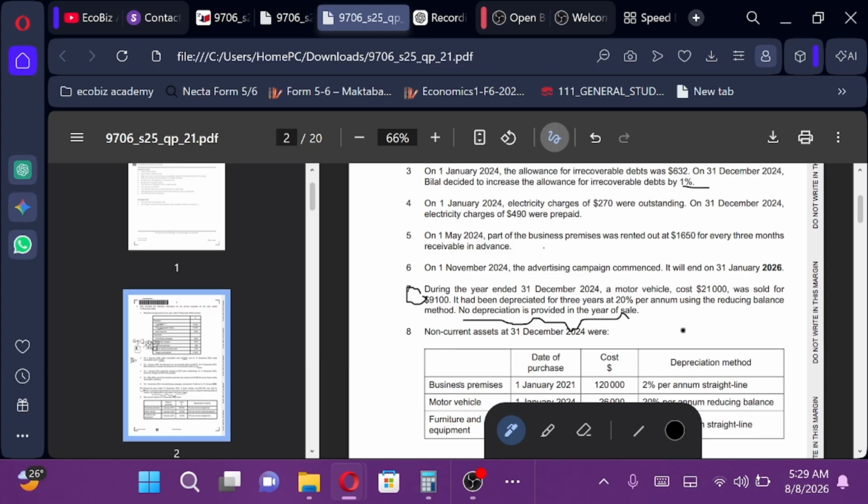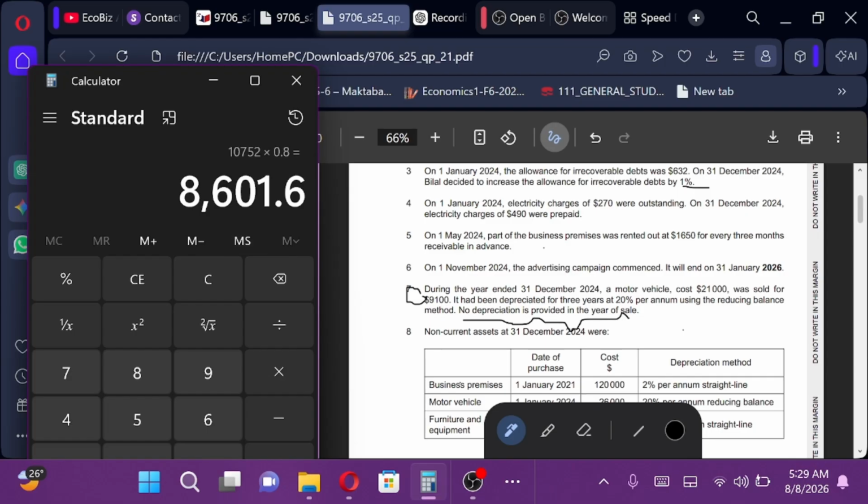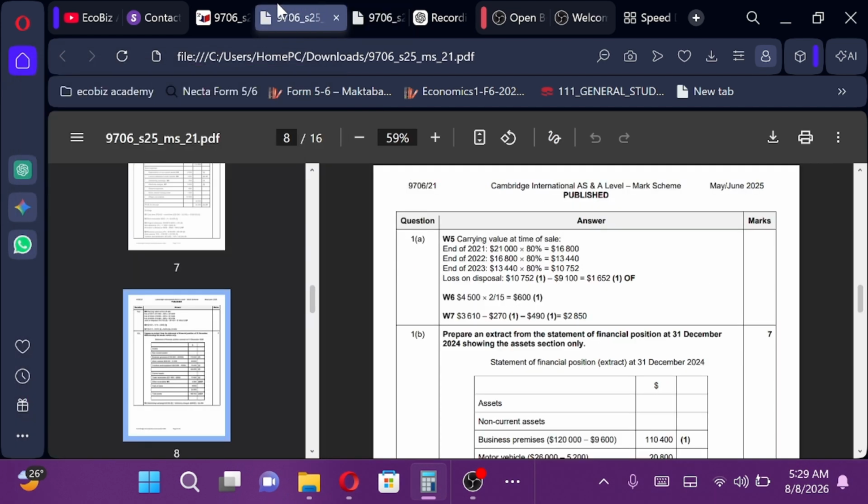So we don't calculate depreciation for the year 2024. Hopefully you understood that. So we'll end on $10,752. So that is the ending amount. We check here, we're correct.